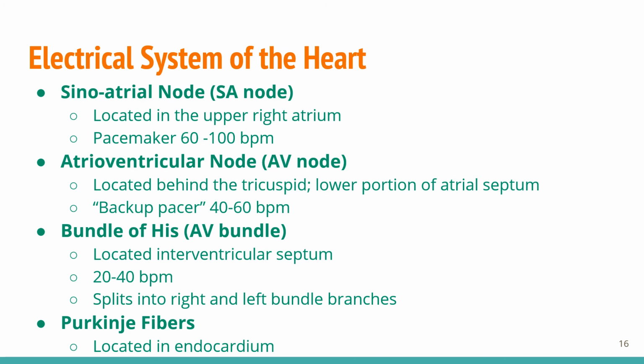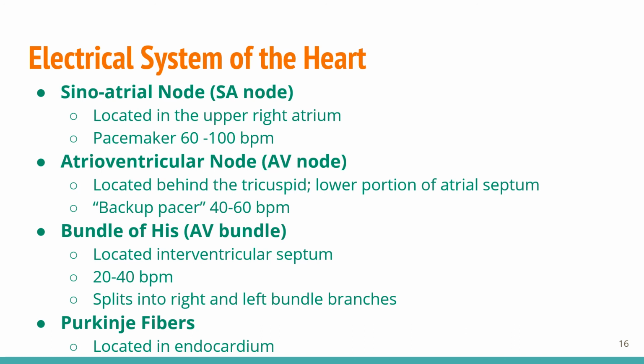You can see that heart rate is definitely a lot slower, only 40 to 60 beats per minute. Then you travel further down the AV bundle, the bundle of His, before it breaks off. That's located in the interventricular septum, and it's an even lower heart rate of 20 to 40. Then the bundle of His breaks off into the left and right bundle branches.